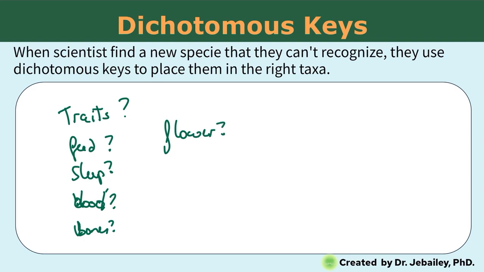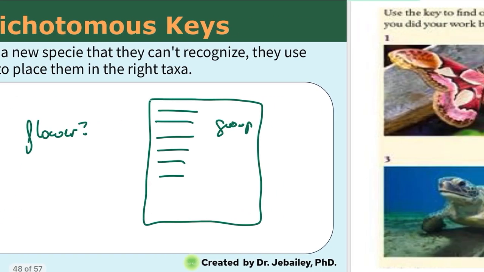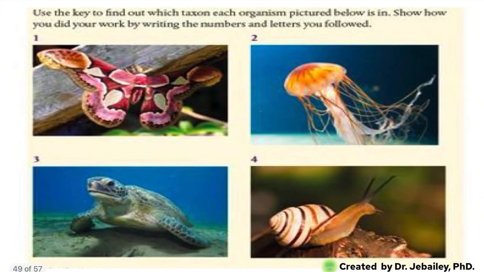And when they do this, they go to the dichotomous key, which is a huge set of organization in which they try to figure out, through a yes and no, the group in which that species will fall, or maybe they create a new group. So we're going to look at an example of what a dichotomous key looks like.